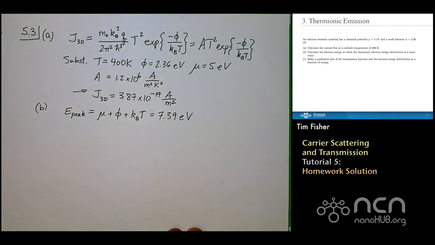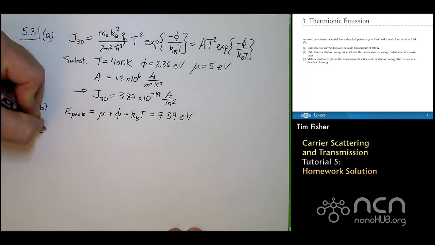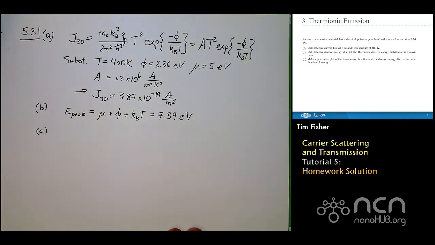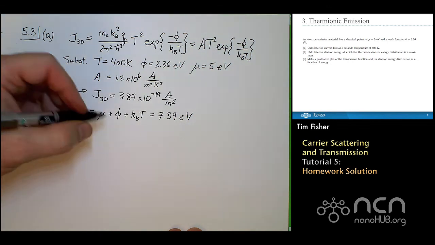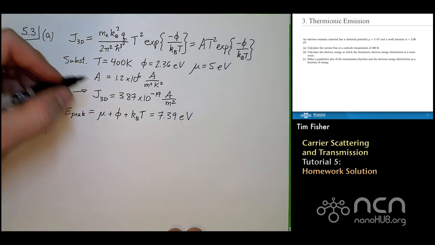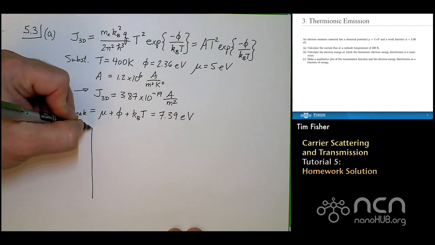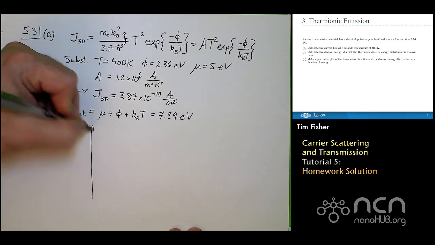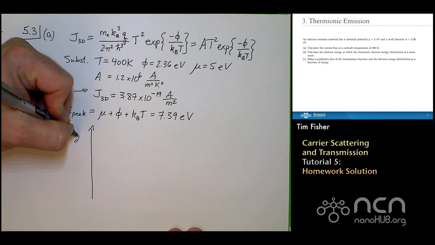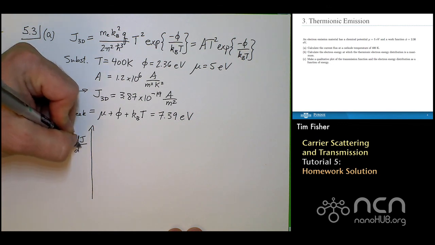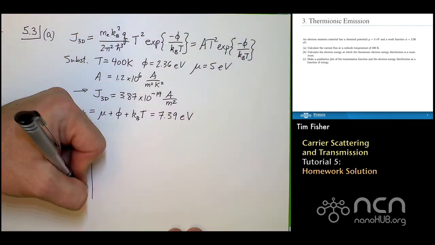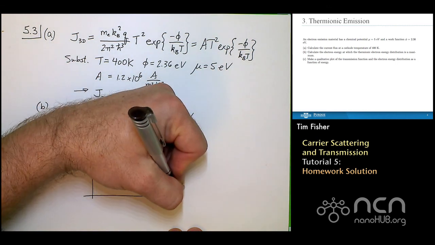And then we are lastly asked to show qualitatively the transmission function and the electron energy distribution. And so I'll draw that here. So this is the energy distribution. That's the derivative of the current density with respect to energy.